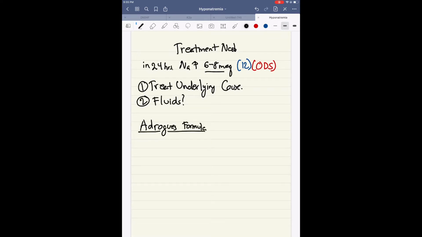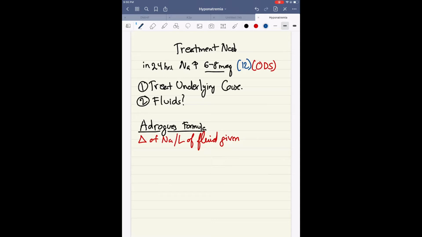Basically what this formula tells us is the change of sodium per liter of fluid given, and why this is important is because it helps us give fluids on a more acute basis.